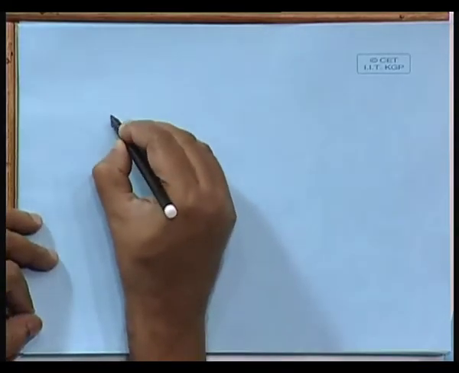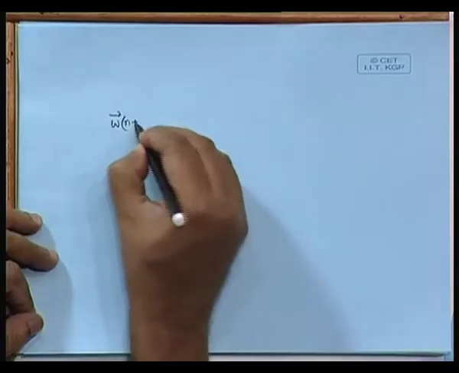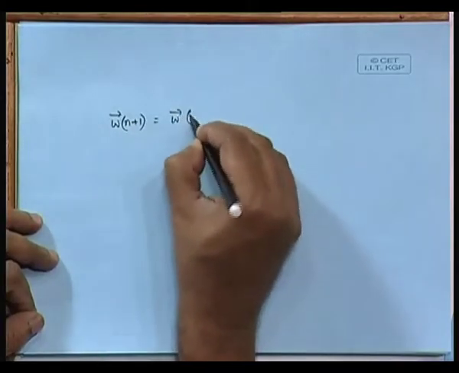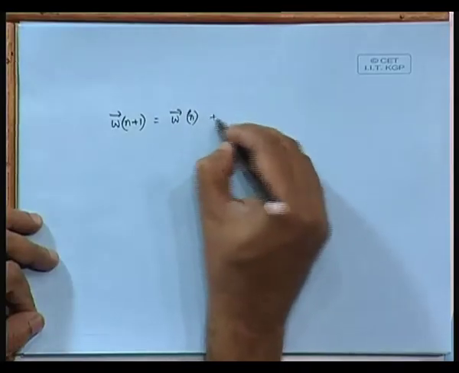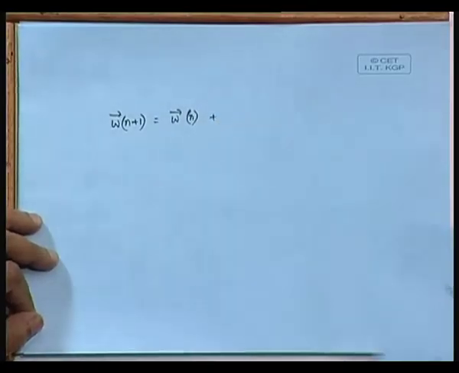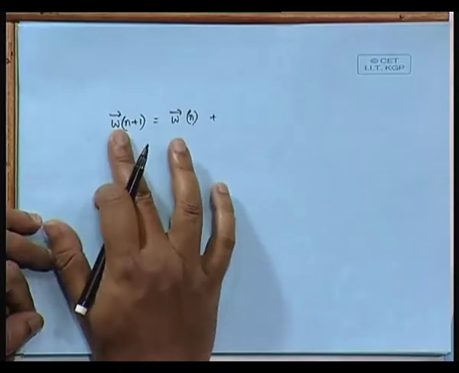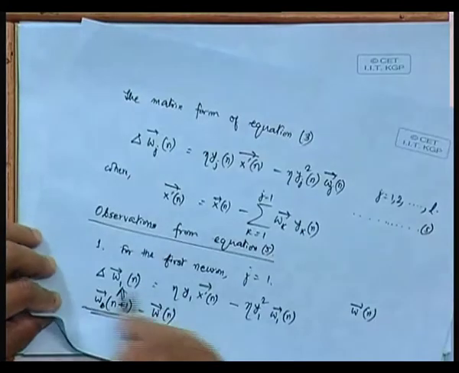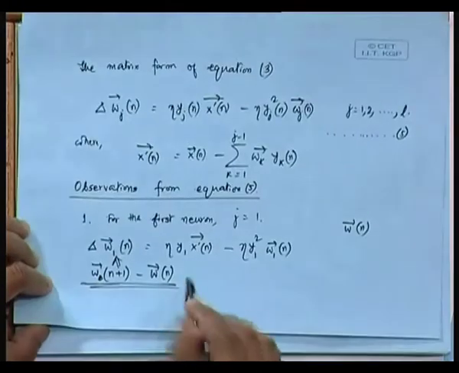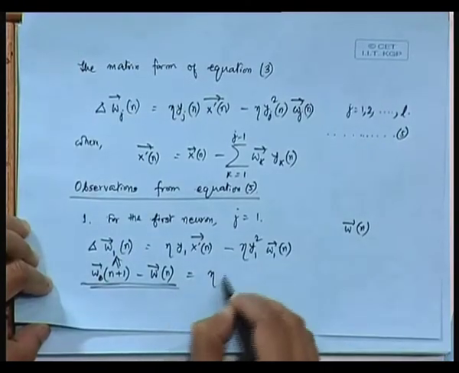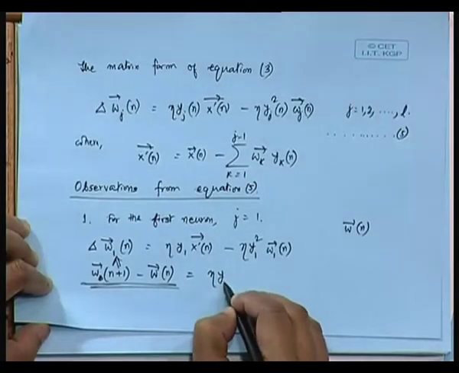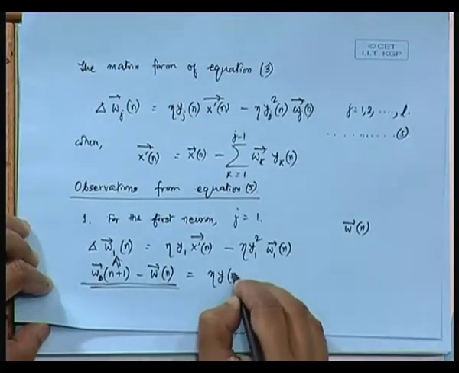We can rewrite this as Wn plus 1 equal to Wn plus delta Wn, that means this minus this is delta Wn. So, what we are doing is that after eta we were having a lot of terms, now we are going to call this eta y.